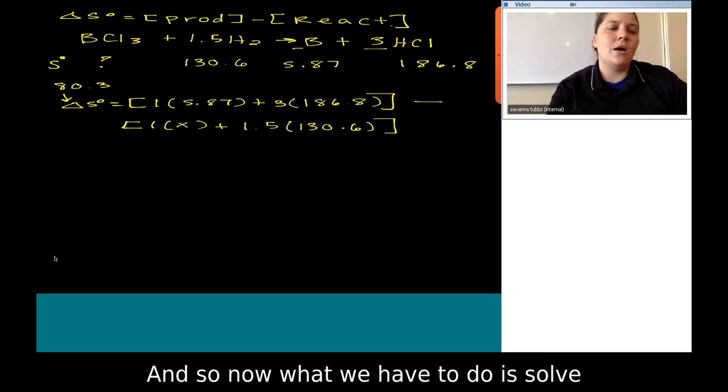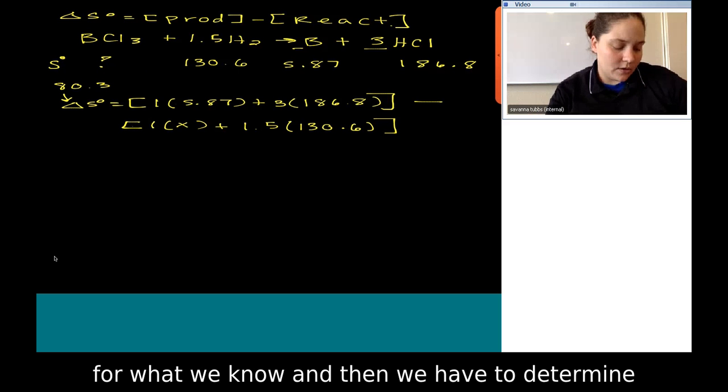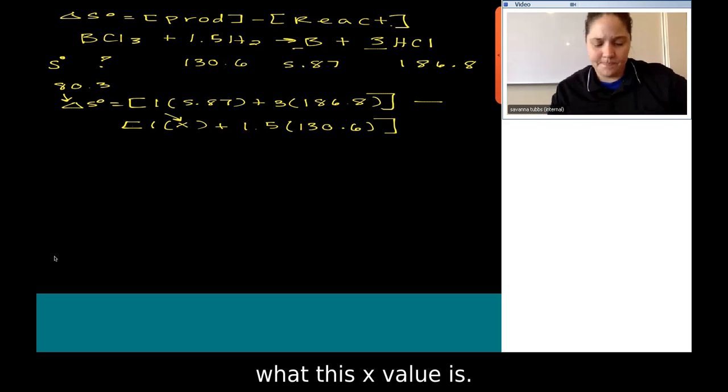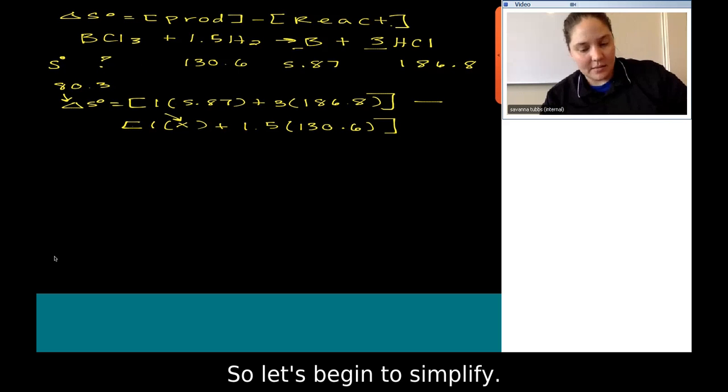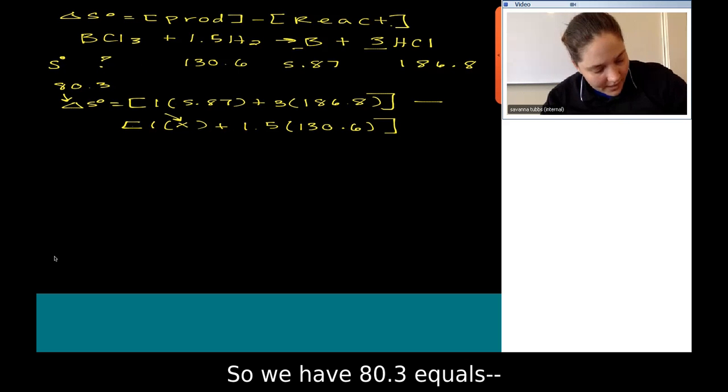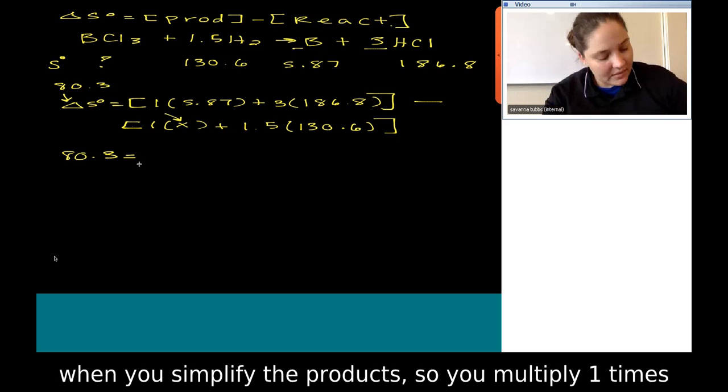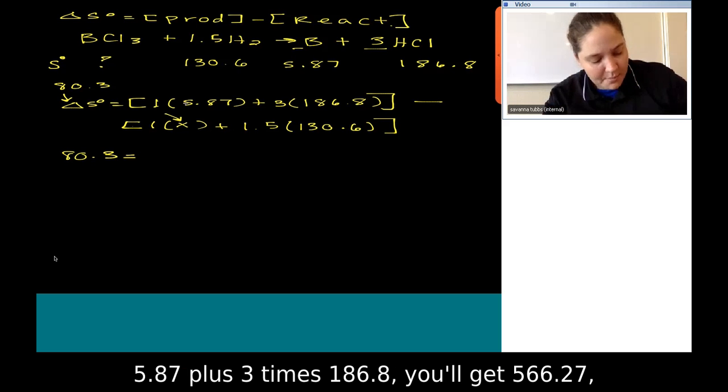And so now what we have to do is solve for what we know, and then we have to determine what this X value is. So let's begin to simplify. So we have 80.3 equals, when you simplify the products, so you multiply 1 times 5.87 plus 3 times 186.8, you'll get 566.27.